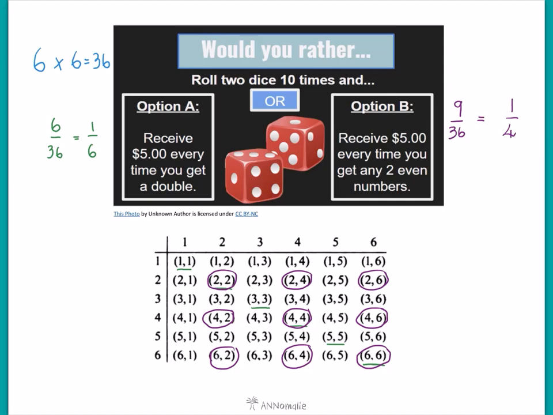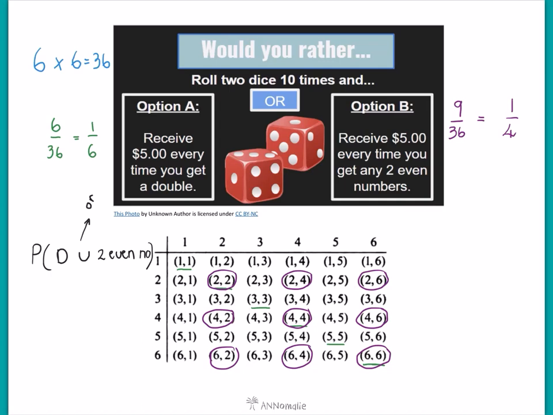What happens if we ask the following question? The probability of throwing a double or two even numbers. Now from this comes a very interesting formula. This symbol means or, which means the one or the other. It's not and.